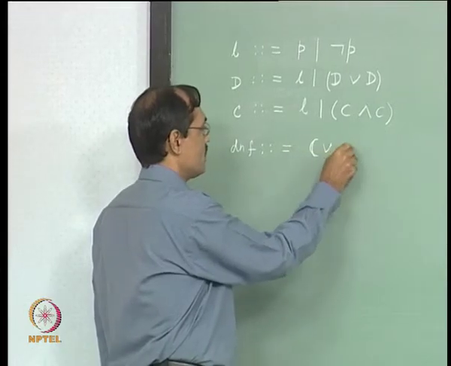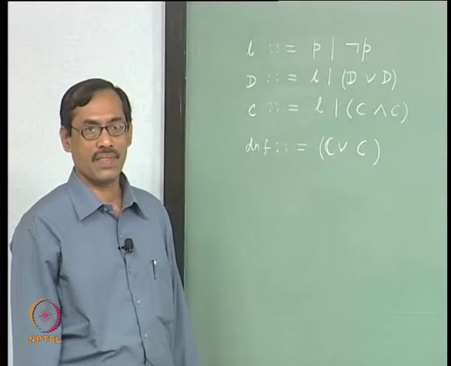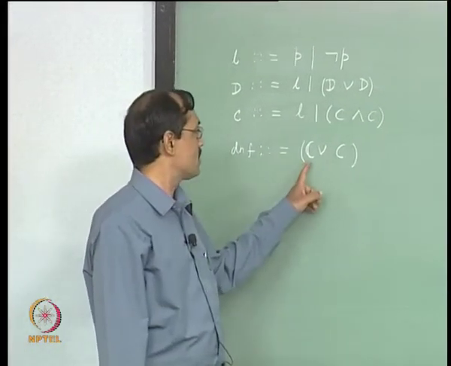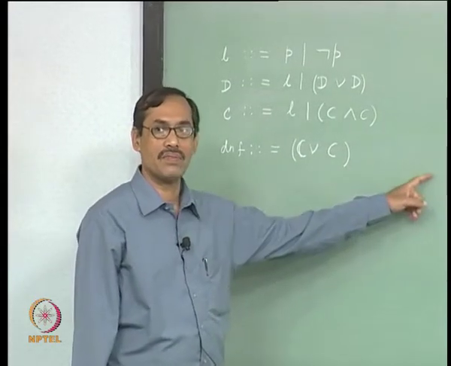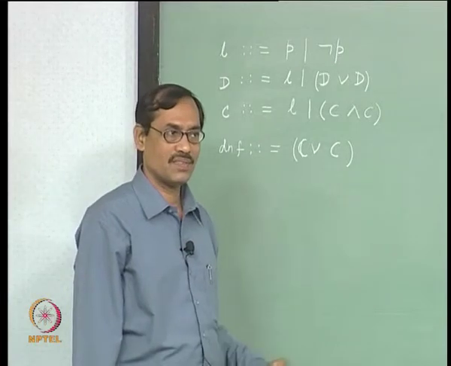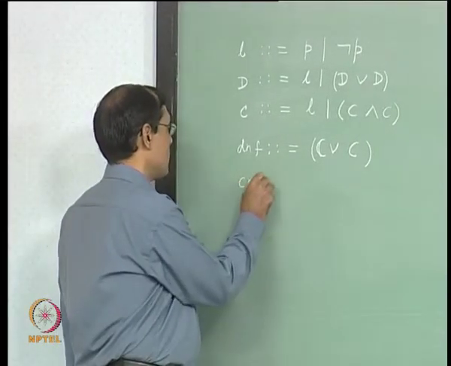So, you say C or C. Okay. So, once you have this, it means there can be finite number of disjunctions here, not only two. Okay. It is recursive.